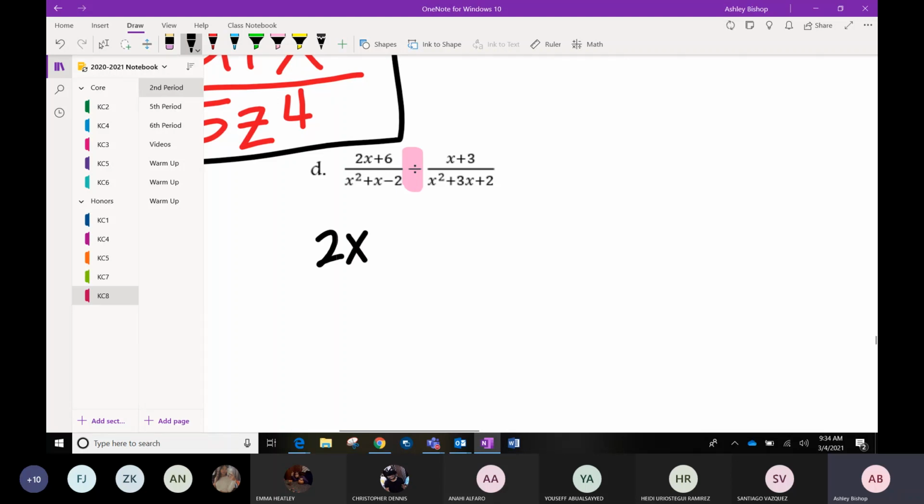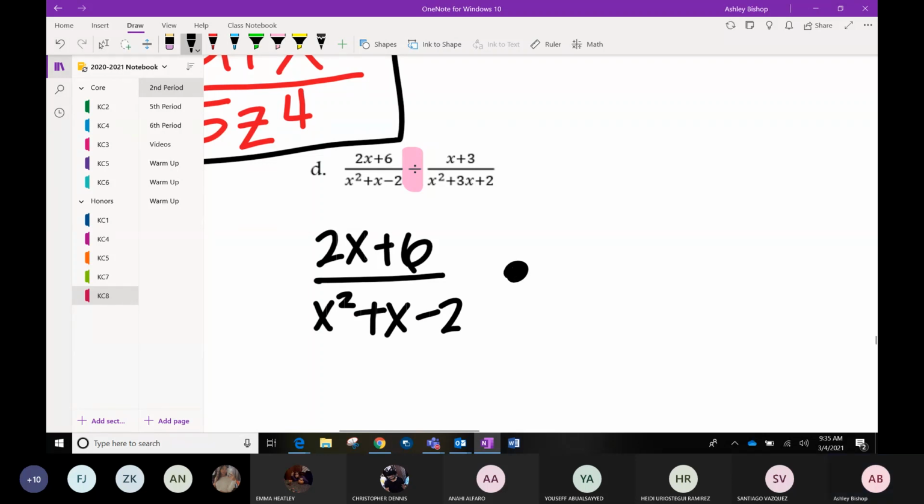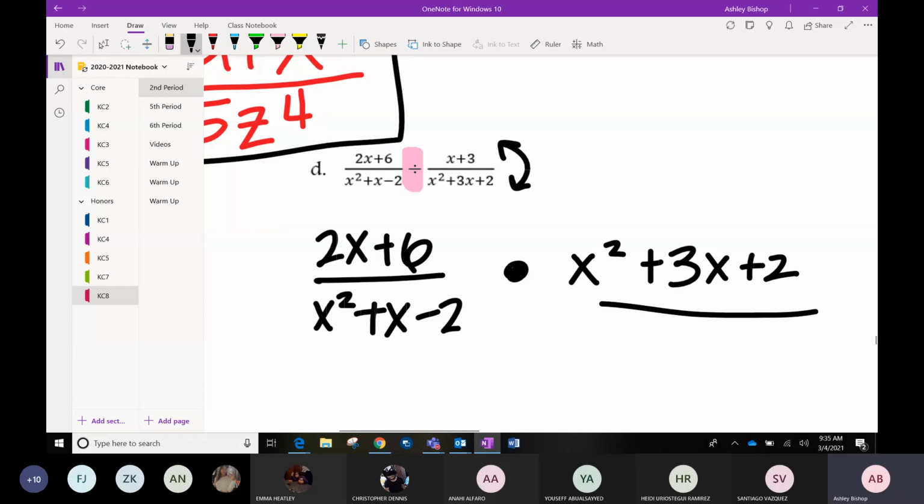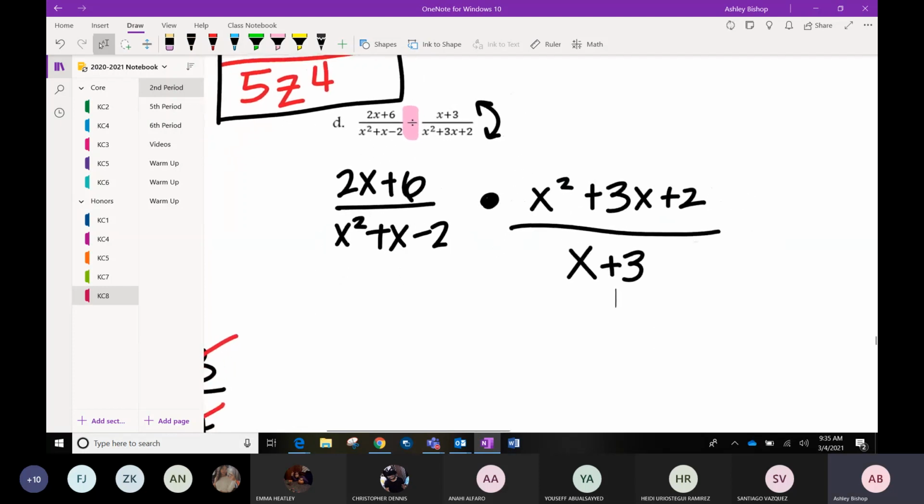Keep the first fraction, 2x plus 6 over x squared plus x minus 2. Change division to multiply and flip your second fraction: x squared plus 3x plus 2 over x plus 3. You've got to do that first before you factor, before you do anything.